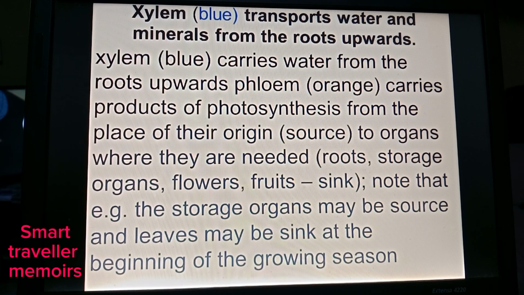Note that, for example, the storage organs may be the source and leaves may be the sink at the beginning of the growing season. I think I gave you the meaning of the word sink the other time. All right.